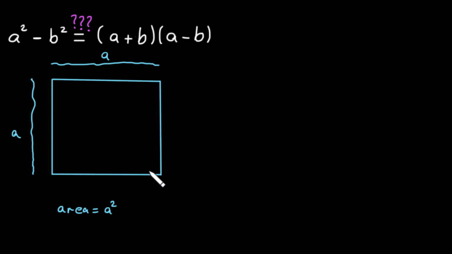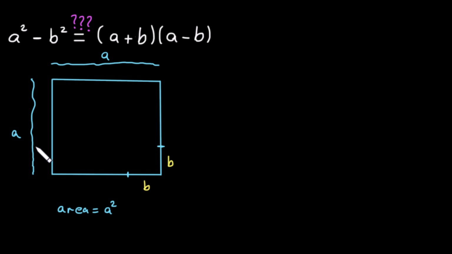Let's assume that we have a square inside this square. So let's say we have a square with the side b, here, and the same thing here, b.